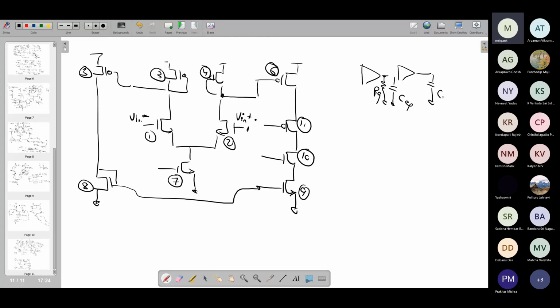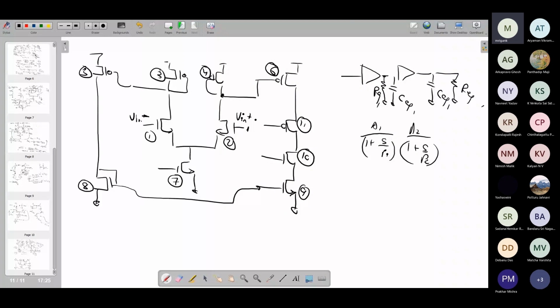At every stage, we find out that C equivalent and R equivalent from that node to the ground. And then we can simply write A1 upon 1 plus s upon P1, A2 upon 1 plus s upon P2, where P1, P2 are given by 1 upon R equivalent 1, C equivalent 1, 1 upon R equivalent 2, C equivalent 2. So that we have discussed earlier. That is the approximate analysis that we do all the time.